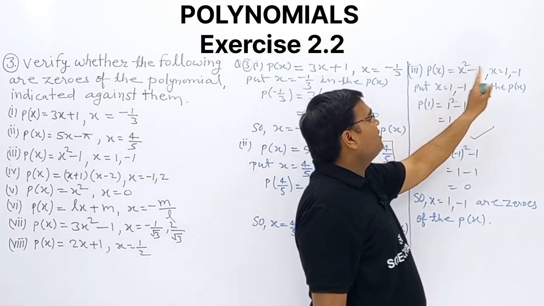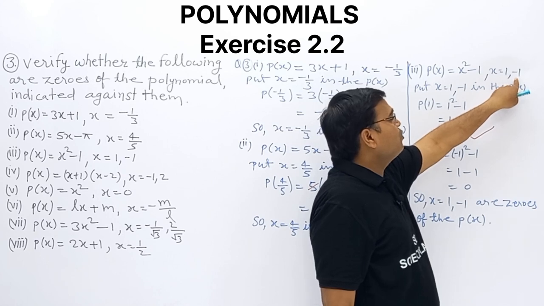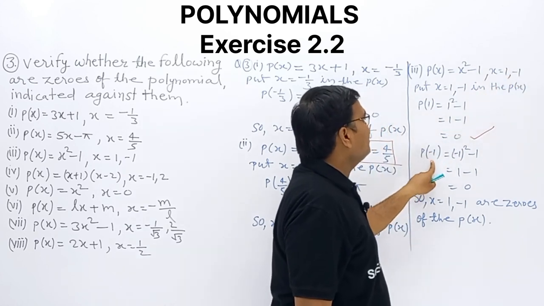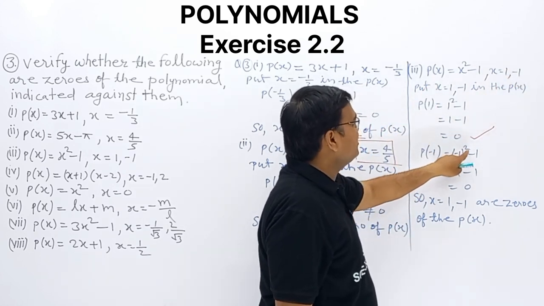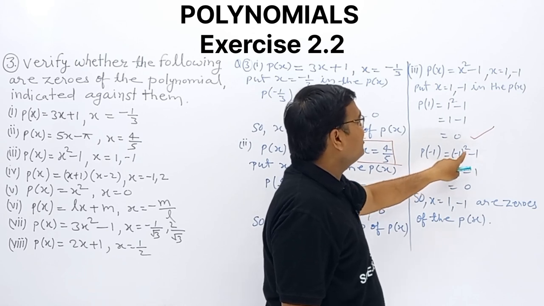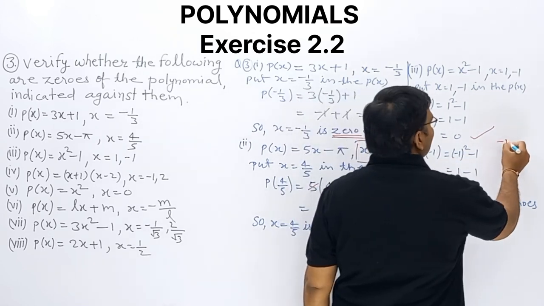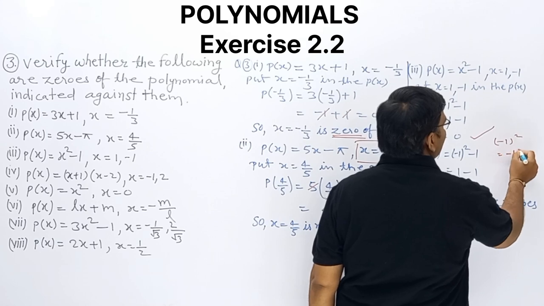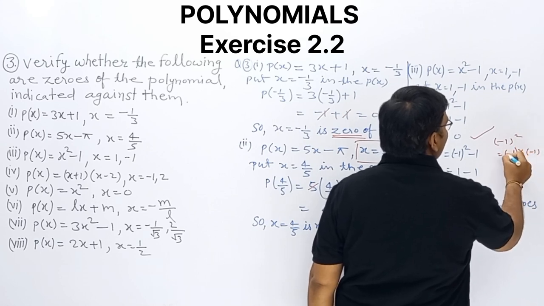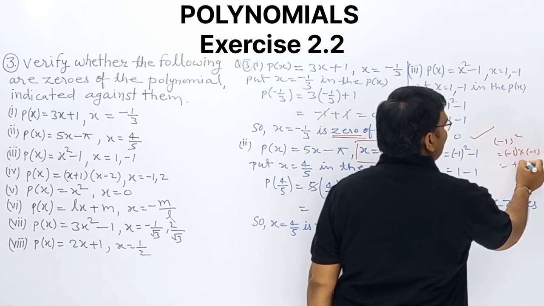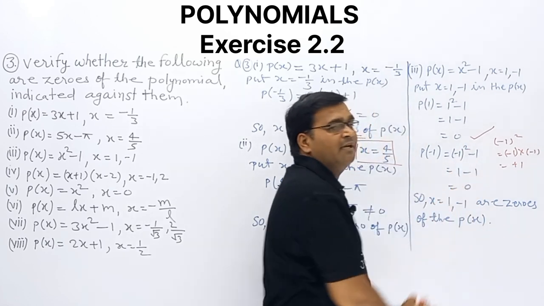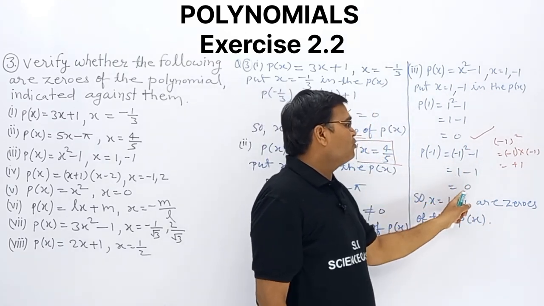Now, since this is a quadratic, we have another zero also. Minus 1: put minus 1 in the given polynomial. Minus 1 square minus 1. Minus 1 square can be written as minus 1 into minus 1. Minus into minus will be plus, 1 into 1 is 1, so minus 1 square will be 1, and 1 minus 1 is 0.